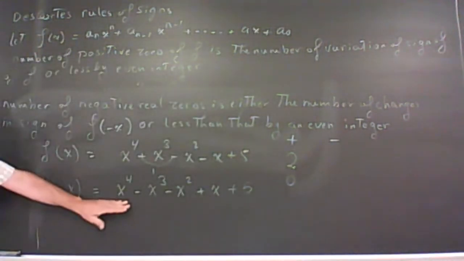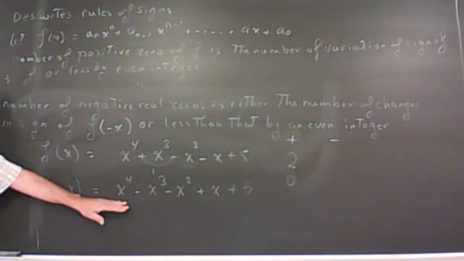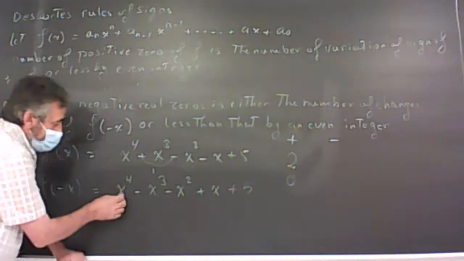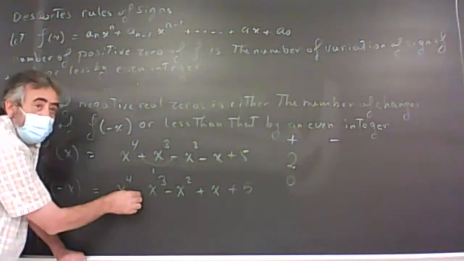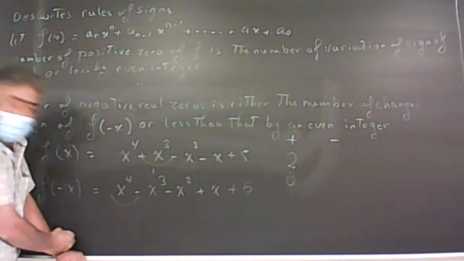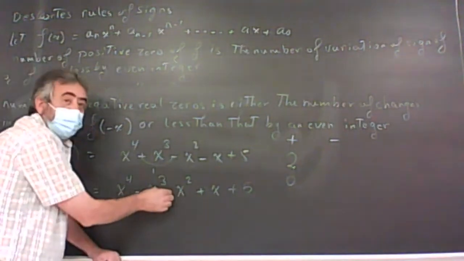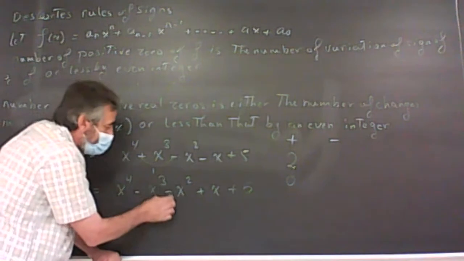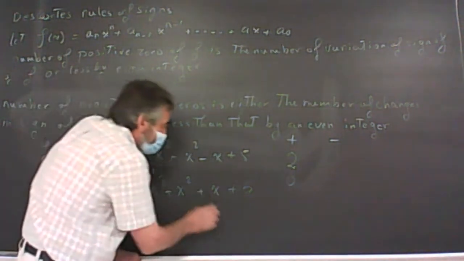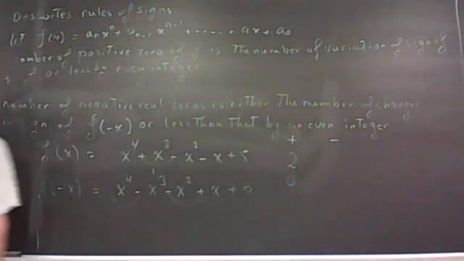So now let's take a look at this and see how many times the sign changed. Positive to negative is 1. Negative to negative, no change. Negative to positive is another one. Positive to positive, no change.